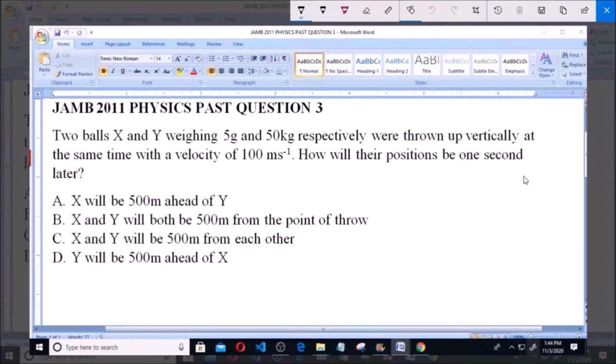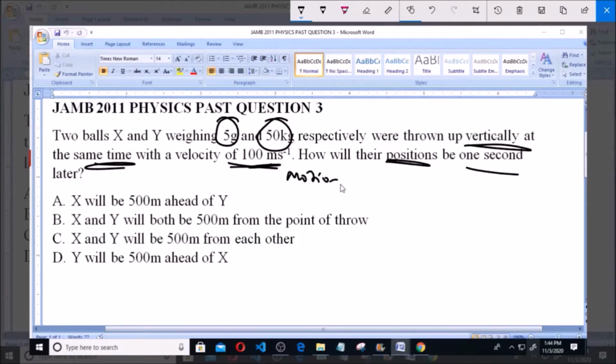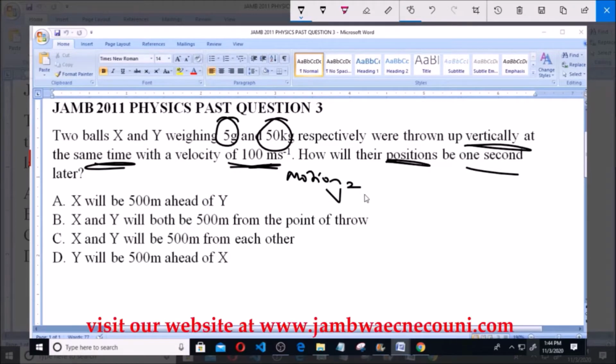So we have a scenario here with two objects of different mass. One is 5 grams, the other is 50 kilograms, and they are thrown up vertically with the same velocity at the same time. So I am asked for their positions, or the distance they would have traveled 1 second later. Now of course this is under motion, and one of Newton's equations of motion is v squared is equal to u squared minus 2gs.